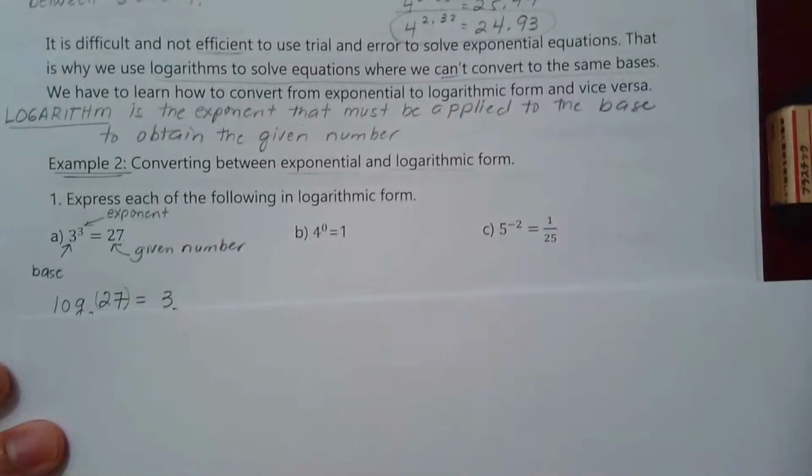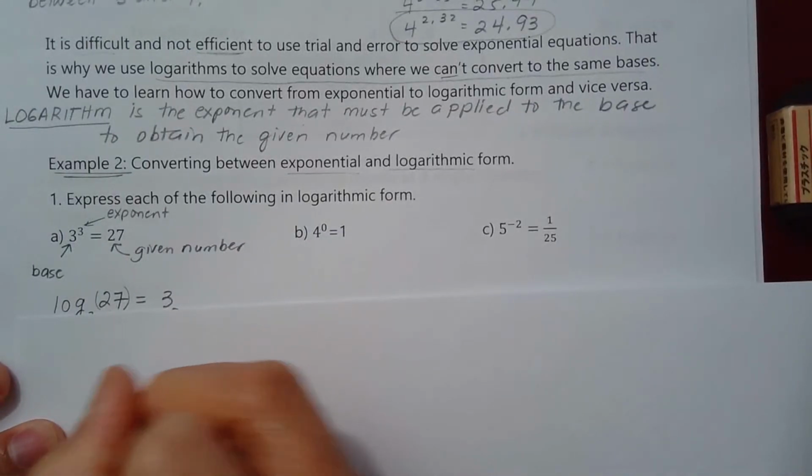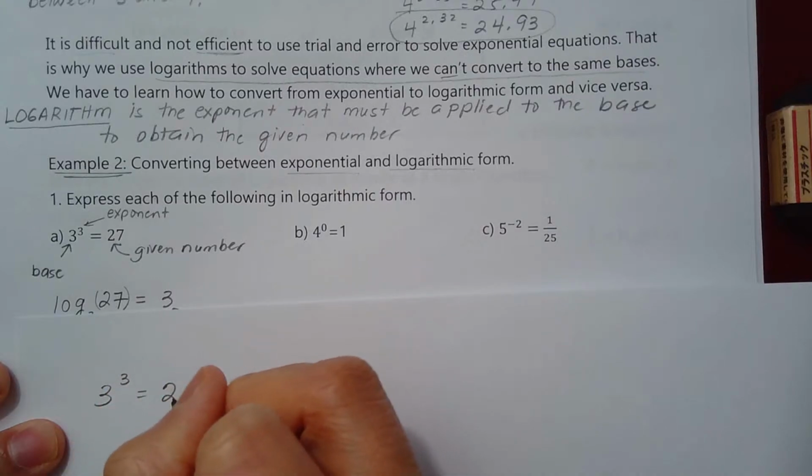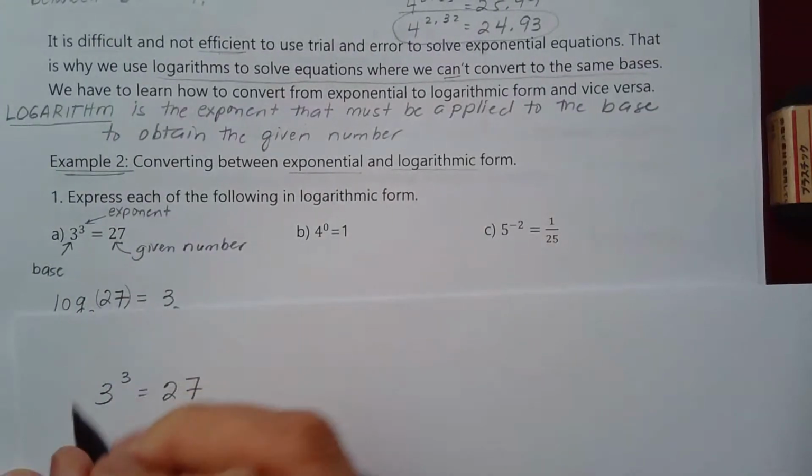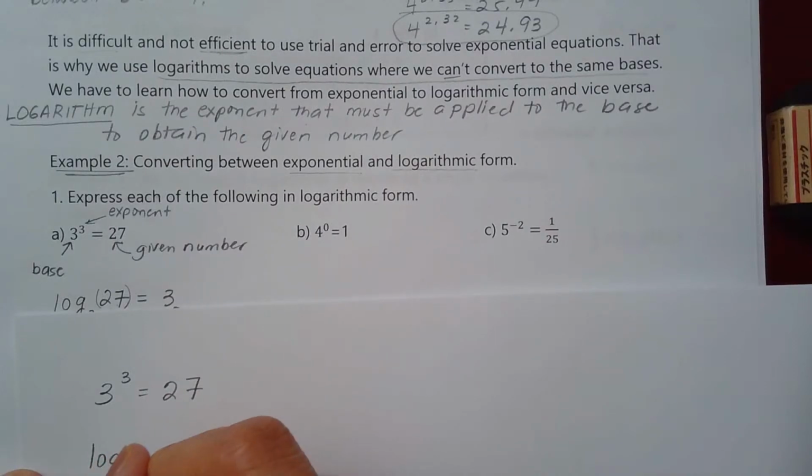So 3 cubed is equal to 27. I can write that as log base 3 of 27.